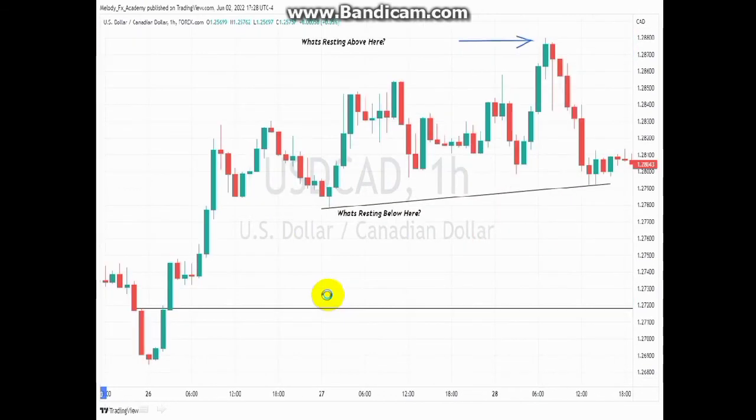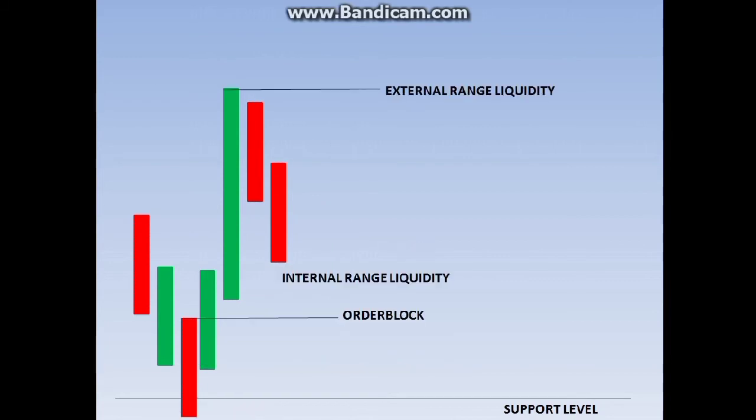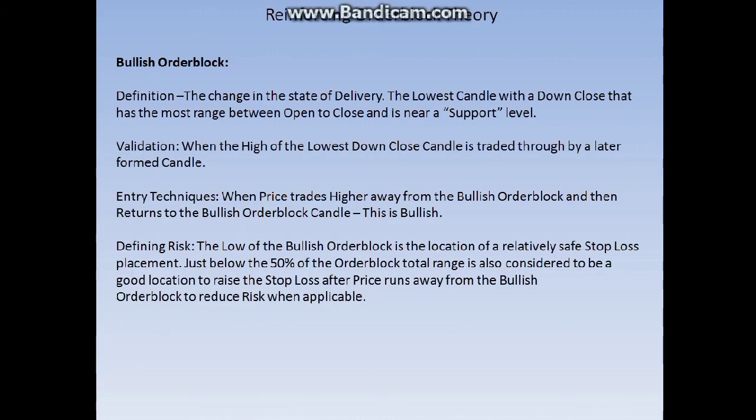So the takeaway of this lesson is that we talked about identifying our OB and the validation of the OB. We talked about entry techniques and defining the risk. Everything we said is going to be reversed, vice versa, for a bearish order block. For a bearish order block, it's going to be the highest up-close candle that has the most range between the open and close, and it's near a resistance level.